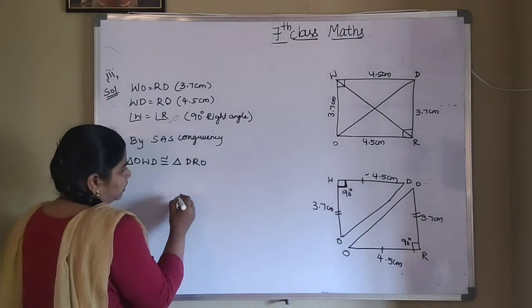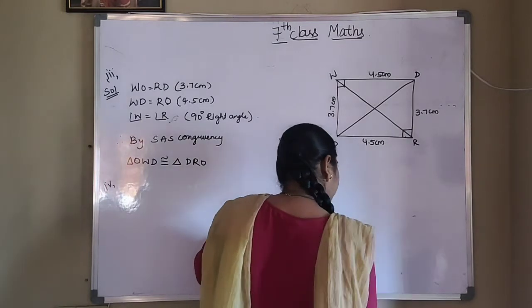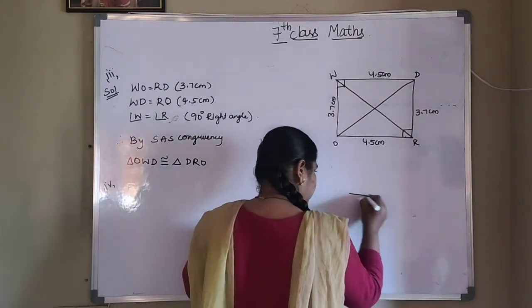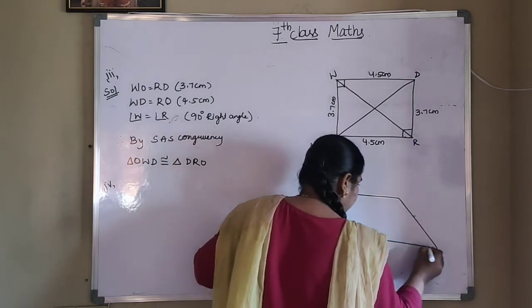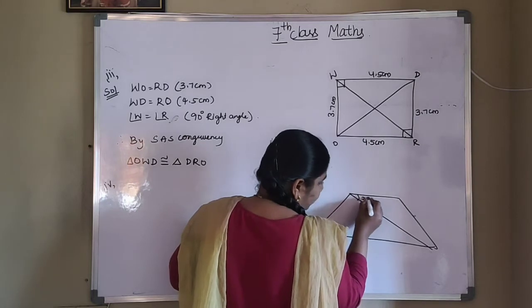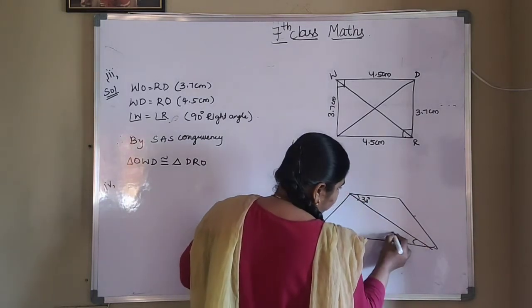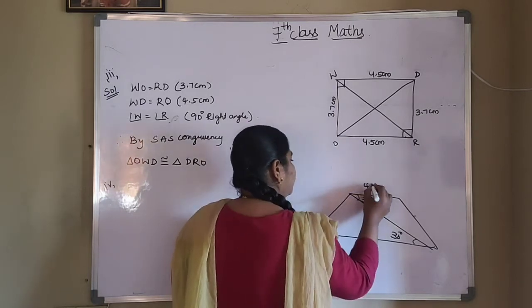What is the next one they have given in this figure? Here it is 30 and here also it is 30. Here 7 centimeters and here 4 centimeters.